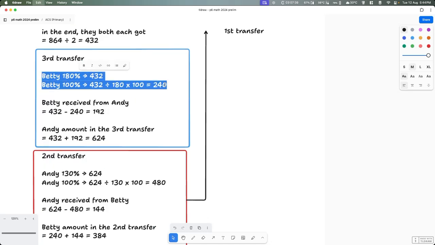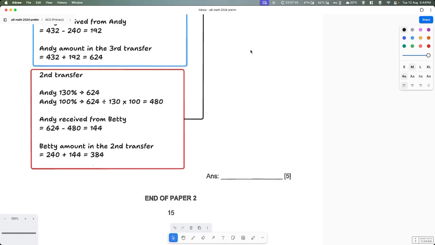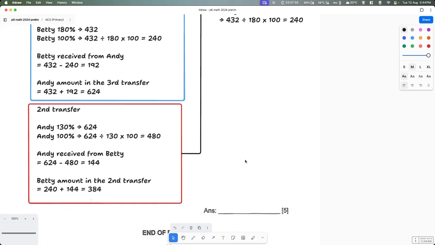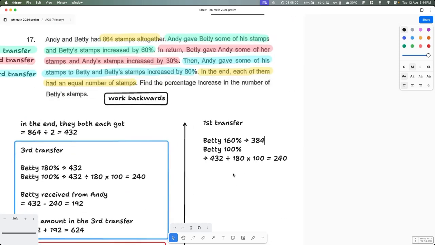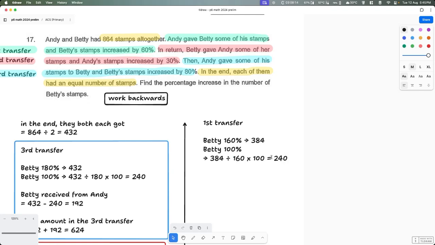So Betty increased by 60%, which makes Betty 160%, and what did she get? 384. Betty's 100% is 384 divided by 160 times 100. This will give us 240 again.